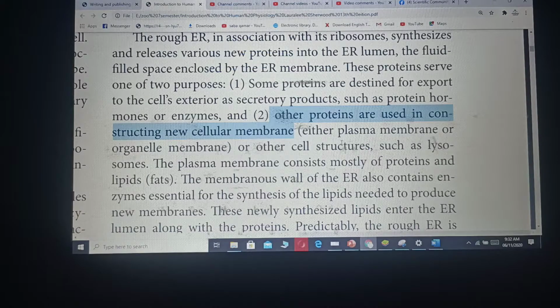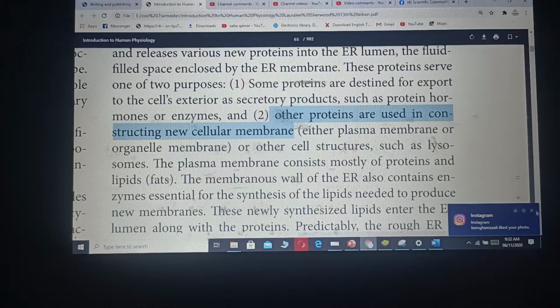We know that the plasma membrane is studded with different kinds of proteins, and the composition of the plasma membrane includes phospholipids as well as different kinds of proteins, which are almost 50% of the total mass of the plasma membrane, and 47% of the total mass of the plasma membrane is lipids.